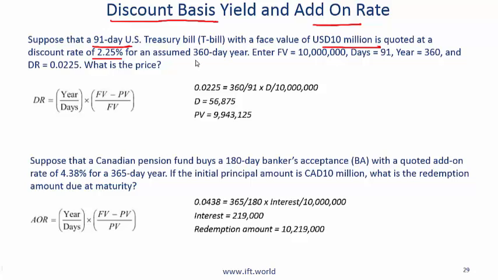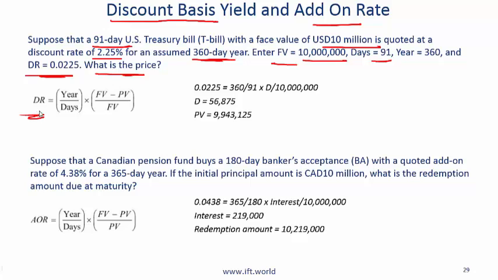For an assumed 360-day year, FV is 10 million, days 91, what is the price of this instrument given a discount rate of 0.0225 or 2.25%? You use this formula that you've seen in quant and in corporate finance, and you are almost certain to see it on your exam.